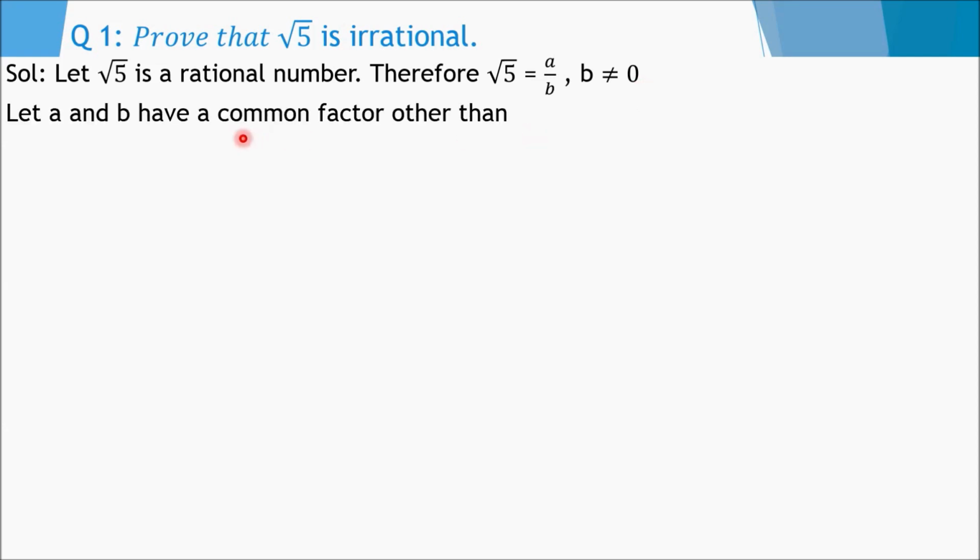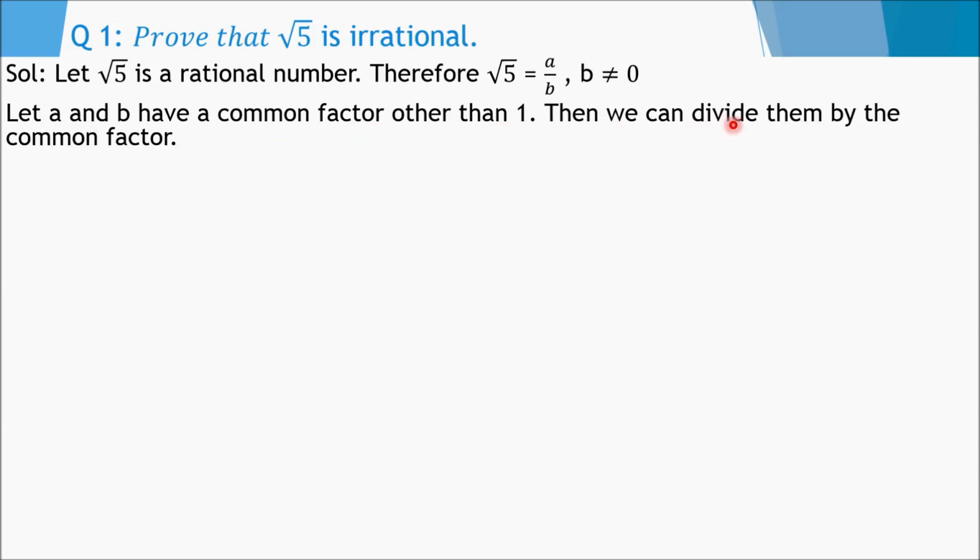Now let a and b have a common factor other than 1, then we can divide them by the common factor. I am giving an example so you can understand it better. Suppose we have the number 2 divided by 4. It is a rational number, but it has a common factor, that is 2.